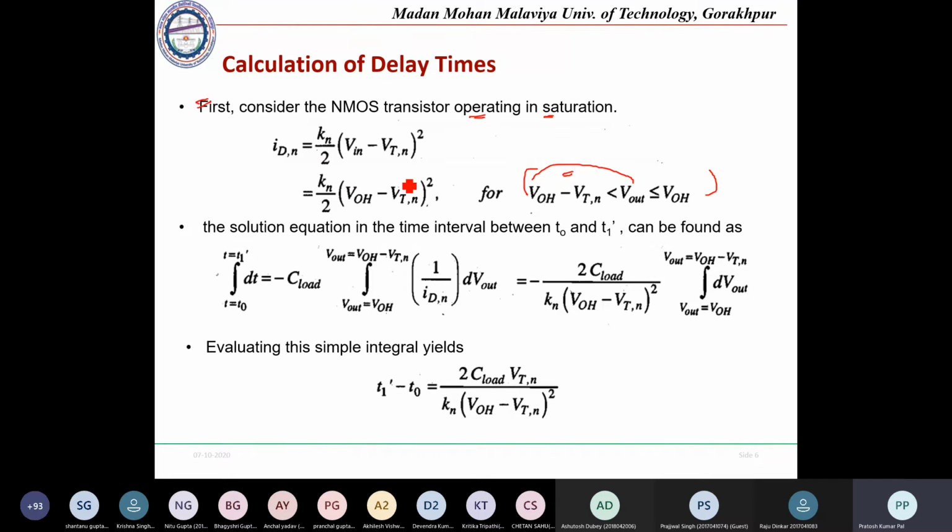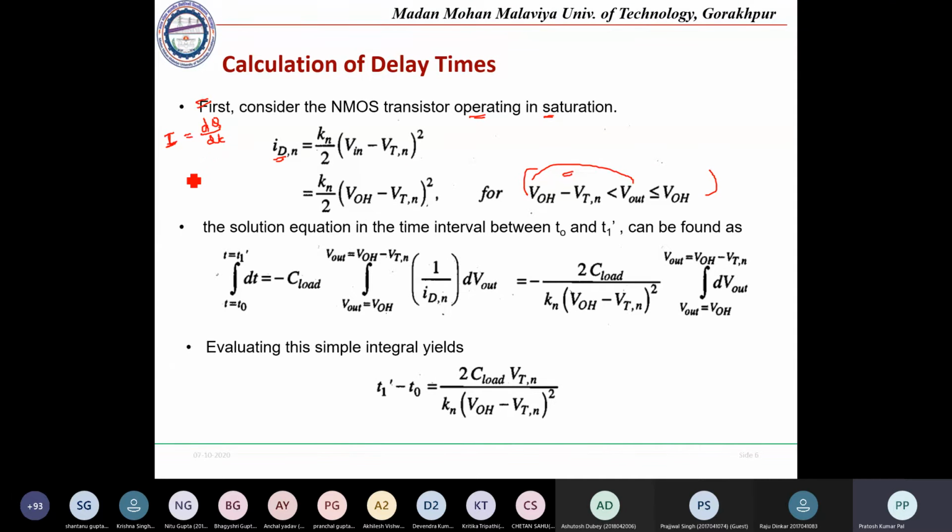Once we know the relation, we need to switch to time. ID, the current, is given by dq by dt, so the change in charge with respect to time is given by the current.